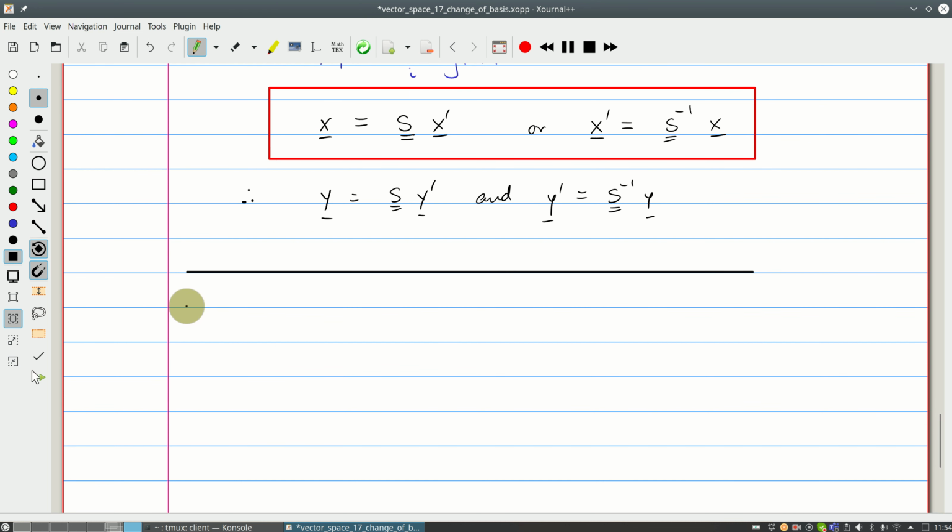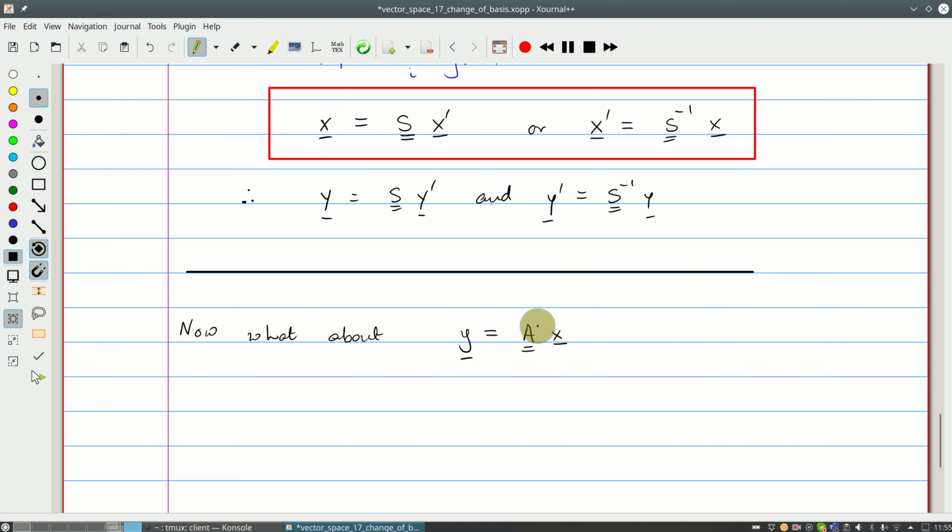Okay, now what about operators? So we know that for an operator A, we have y is related to a column vector x through this relation.